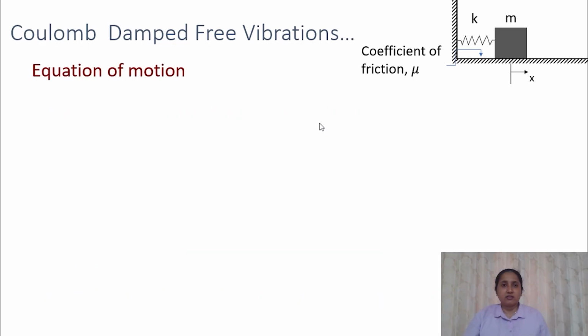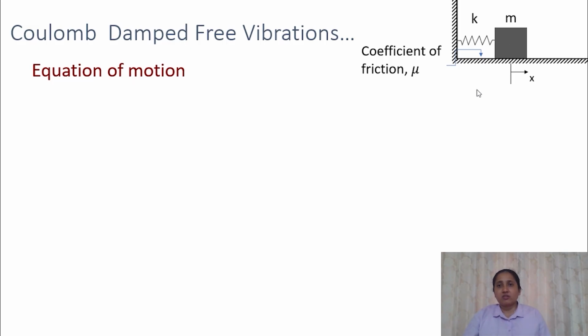Now let's write the equation of motion of this Coulomb damped free vibration system. The free vibration system is this. We have x positive in this direction. We have a restoring force kx acting on this mass in the opposite direction, and an inertia force also acting in the opposite direction.